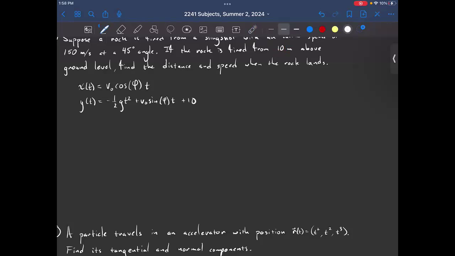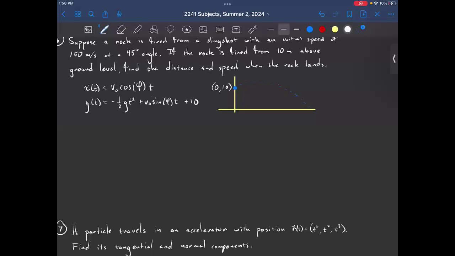with a plus 10. So our initial position, let me draw this again, is not ground level here. It is right here. And so our projectile is doing something like this. And our initial position is 0, 10.